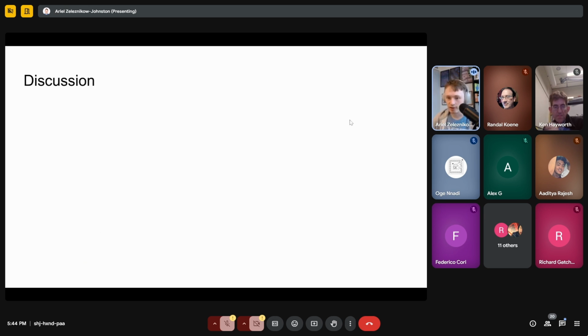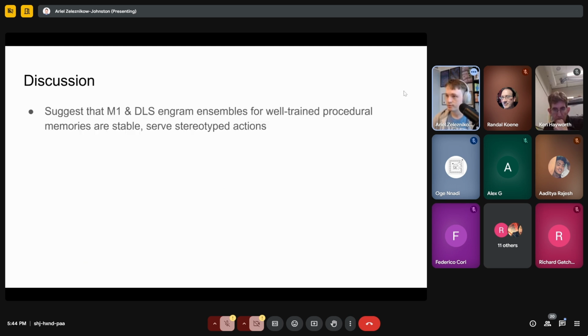So to get into the discussion, before I open it up for general chat, I think they show quite well that these M1 and DLS engram ensembles are useful for these well-trained procedural memories, and that these are stable engram populations.